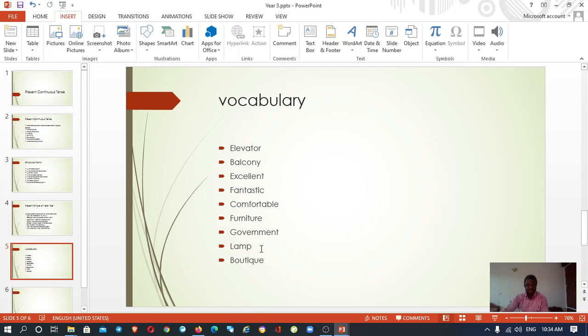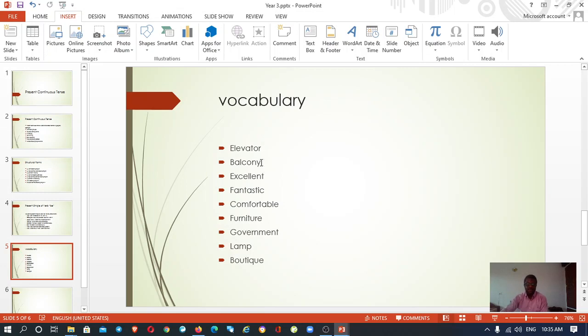Then you have your lamp, you have boutique. So these are the vocabularies for us to look at today. You have your elevator, you also have your escalator. When you go to Lucky Mall to buy stuff or go to Phnom Penh at one of those high-rise buildings, you need an elevator to be able to take you to the 17th floor. Okay?